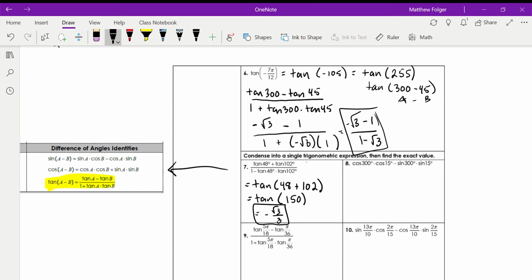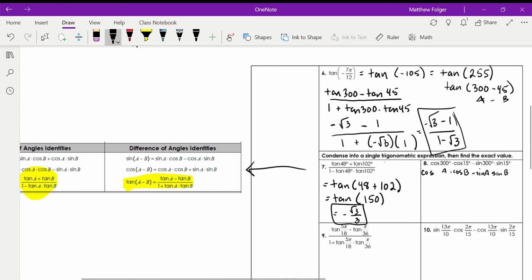Okay, so there's number 7. All right, so next one, same idea. This is one of our formulas. We have cos A times cos B minus sine A times sine B. Which one is that?